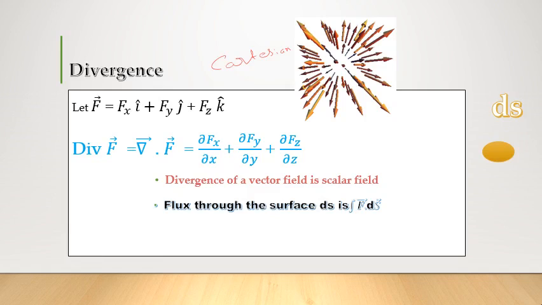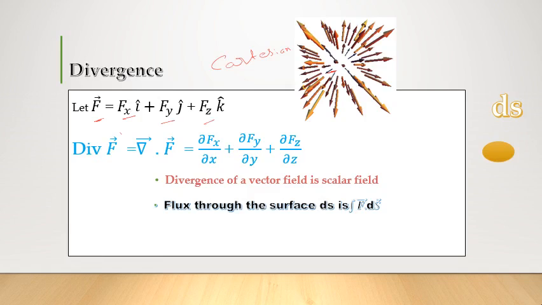This is the region of space in which we have defined a vector field. Any vector field can be expressed using components. This is the vector field here, as it is shown. It has an x component, then a component in the y direction, fy, and a component in the z direction.